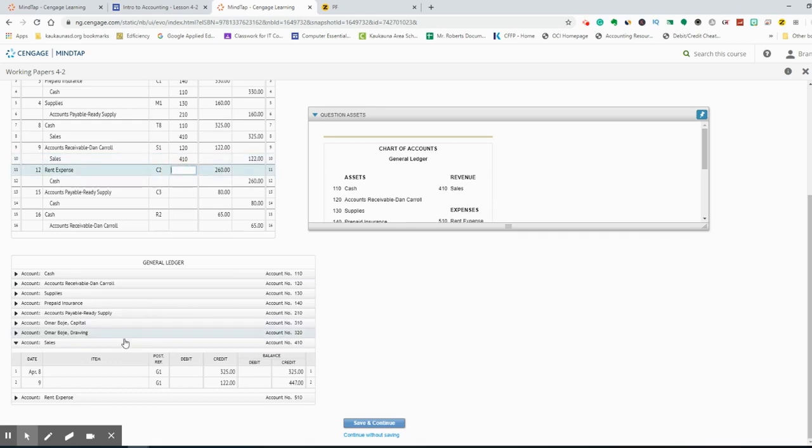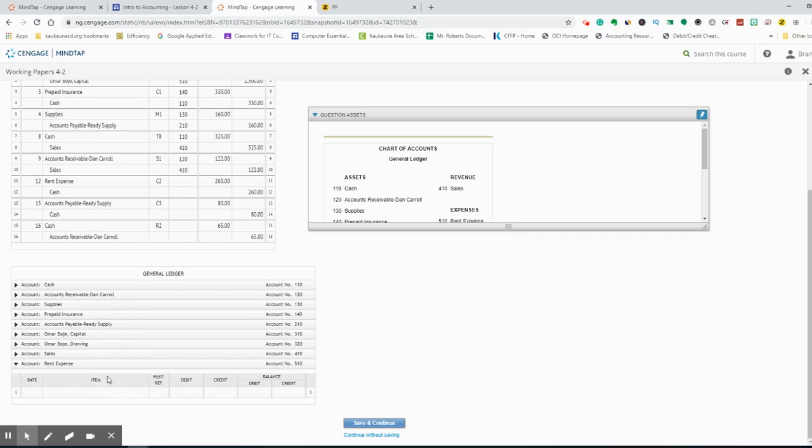Okay. Next is rent expense. Let's find rent expense. Looks like it's April 12th. There we go. G1. Rent expense here is 260 debit. And we move that balance over. We'll put 510 here. Oh, my numbers are a little off. There we go, 510.